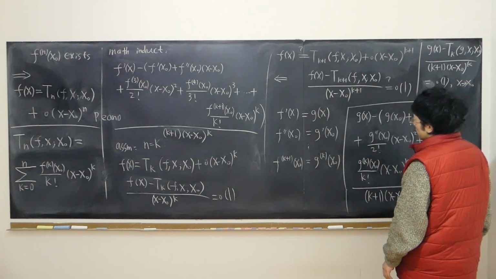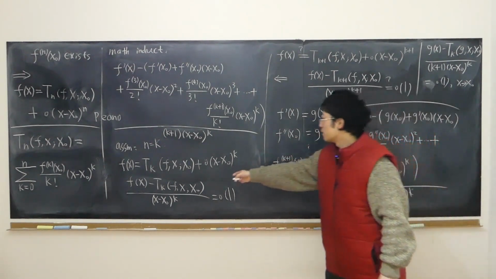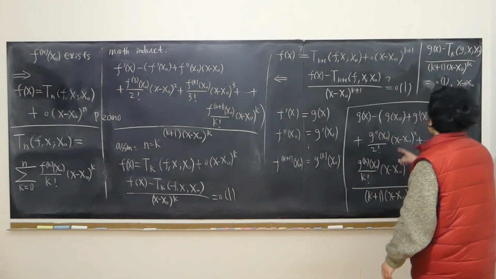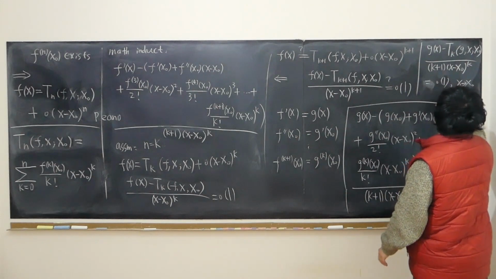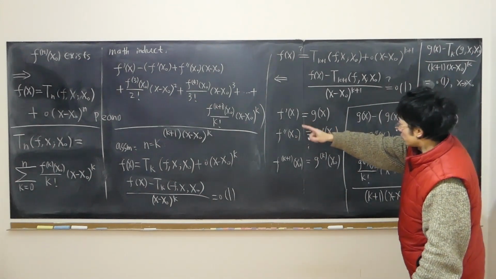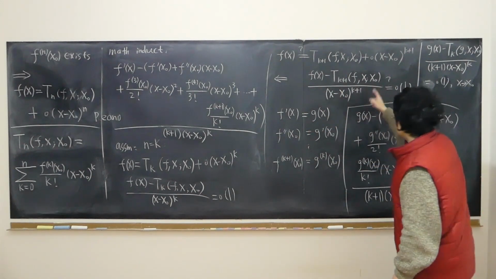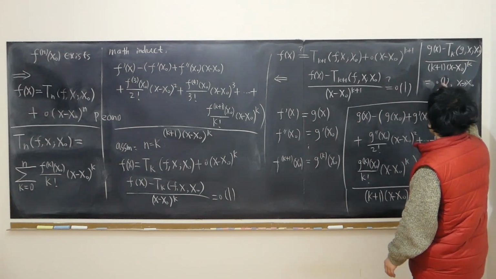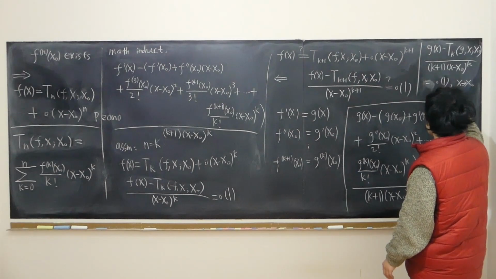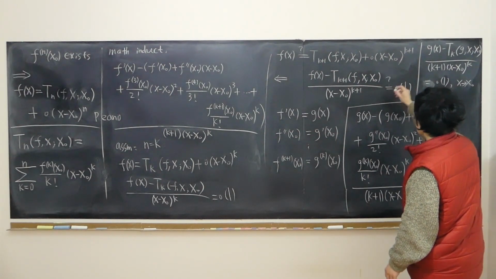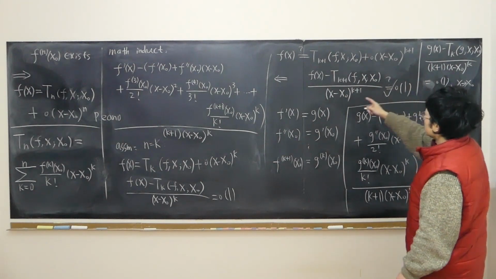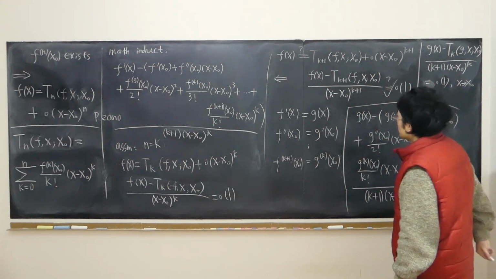Using L'Hopital's rule and the assumption, I've really shown that the limit of that, which is the limit of this, is infinitely small, really tending towards 0 as x is close enough to x naught.